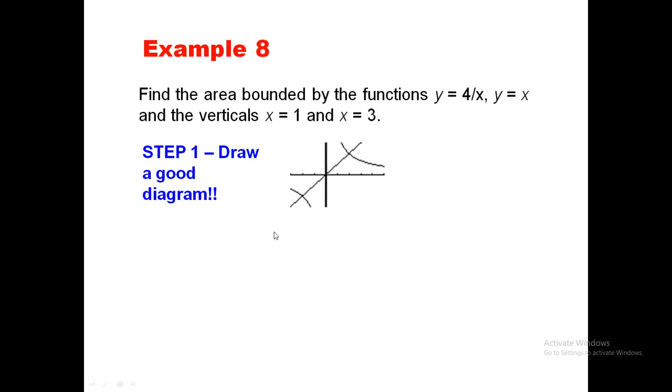This is your y equal to x, and note x equal to 1 to x equal to 3 is the required domain. So if it's 1 to 3, I'll initially draw it here, class.